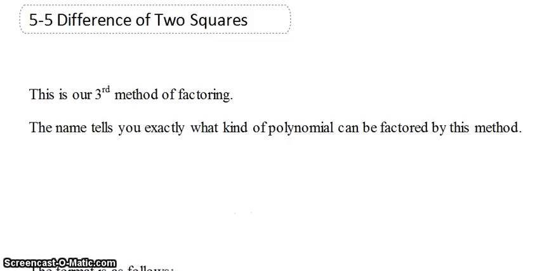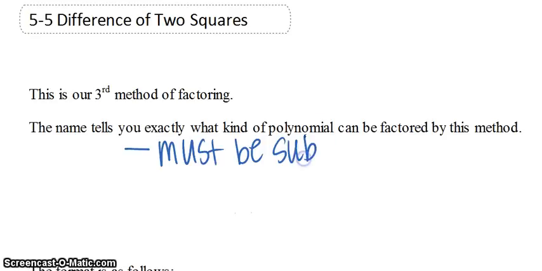Just hearing the name difference of two squares, the name tells us exactly what kind of polynomial can be factored by this method. So we're going to write some things. This must be subtraction. Why? Because what does a difference mean? Difference means the answer to a subtraction problem. Subtraction.